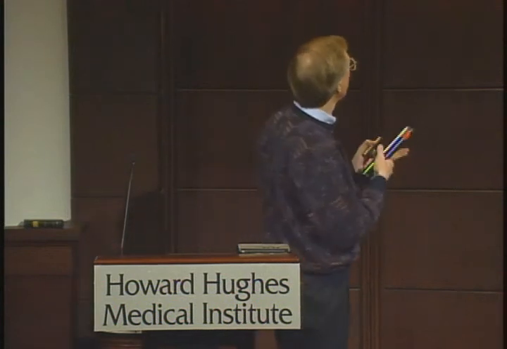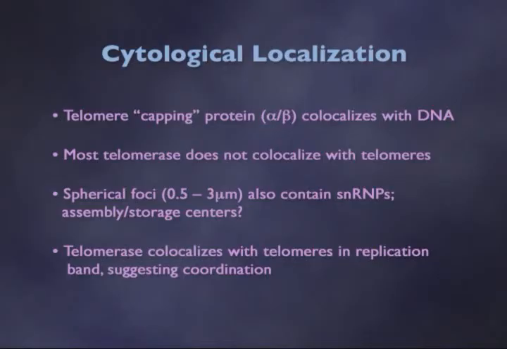So in summary, we find that this protein that caps off the end of the chromosome co-localizes with the DNA, that much to our surprise initially, most of the telomerase doesn't co-localize with the telomeres, but instead is found in these spheres that also contain these SNRPs, and they may be assembly or storage centers, although that's a speculation that remains to be tested.